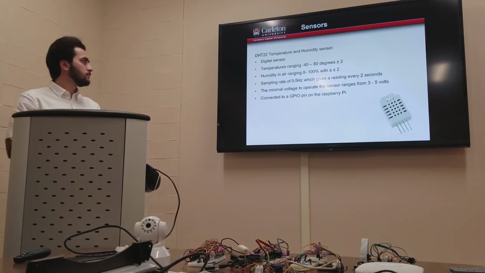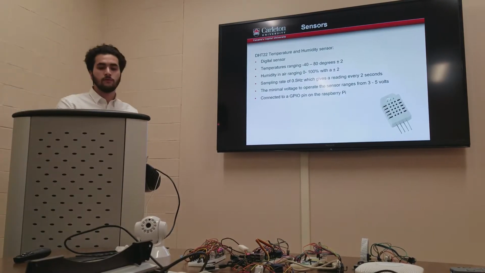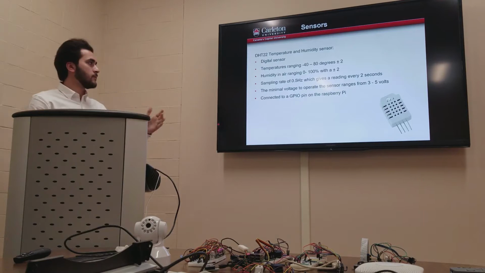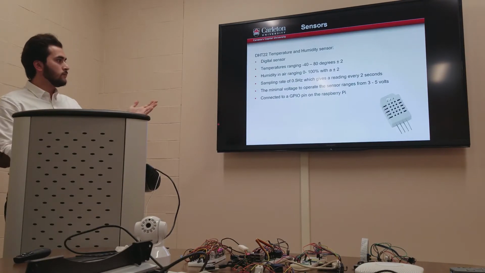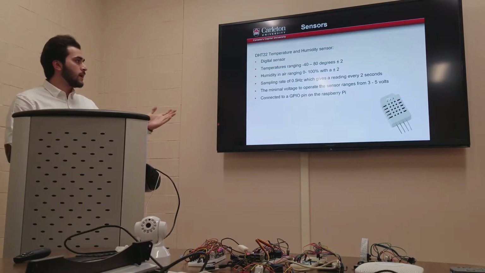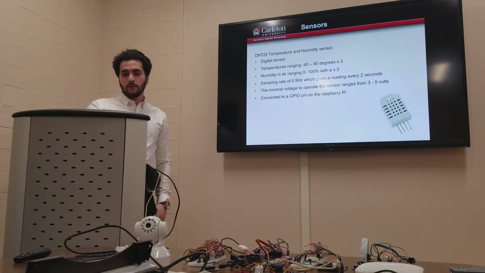It also has a sampling rate of 0.5 hertz, which gives us a reading every 2 seconds. That keeps the system updated. The operating voltage for the sensor ranges from 3 to 5 volts, and it's connected through a GPIO pin on the Raspberry Pi.